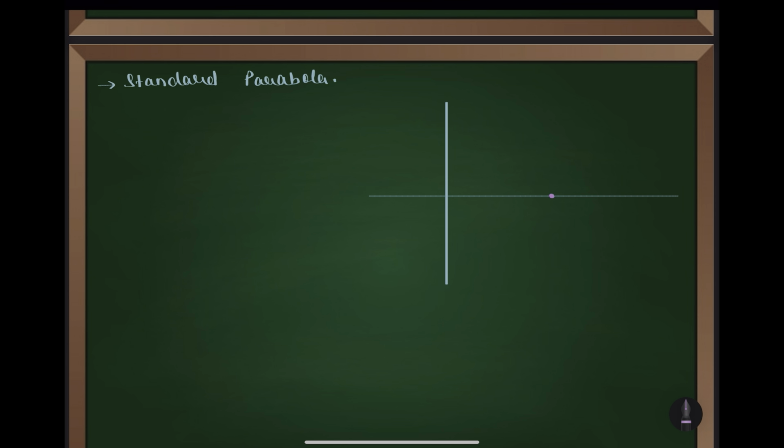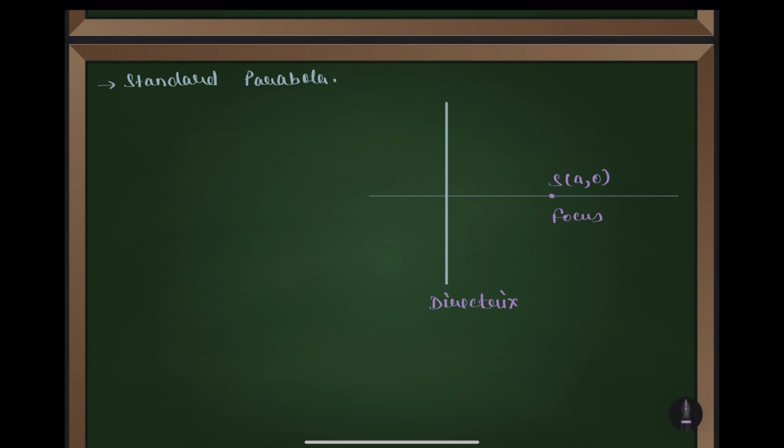So I'll call the focus S as (a, 0) because it's a point on the x-axis. Okay, so it's a focus. Okay, this is directrix. I'll name this thing as well.